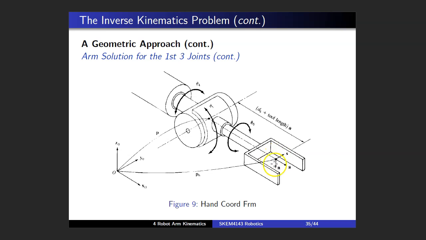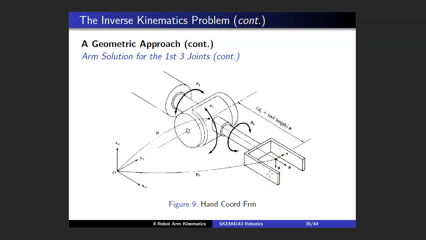P6 is the position of the origin of coordinate frame 6, the last coordinate frame, which is on the end effector. A here is a vector. We call it the approach vector in the robotic arm convention. So this is the slide vector S, this is the approach, and this is the normal.